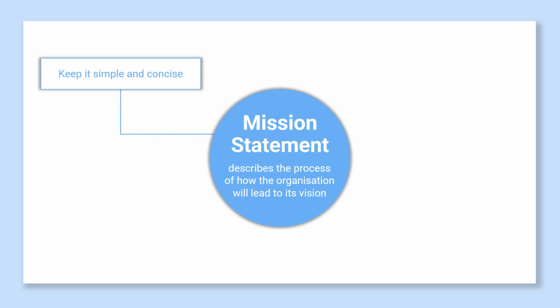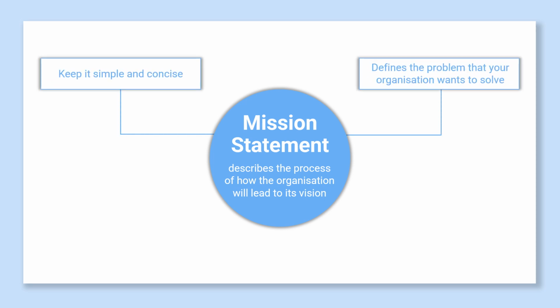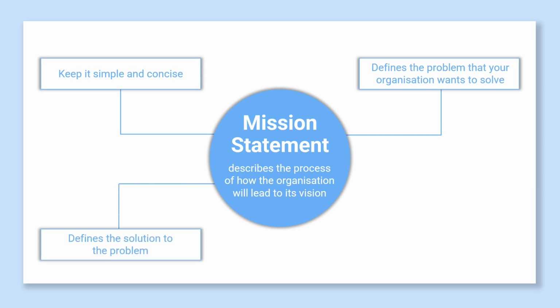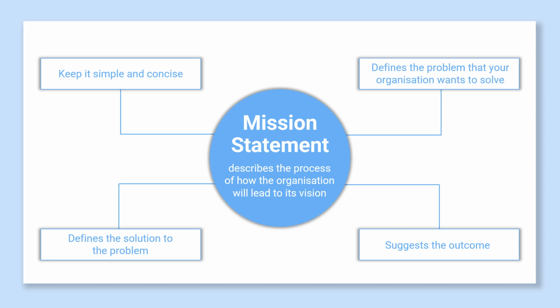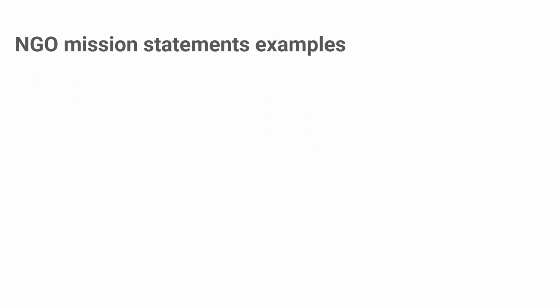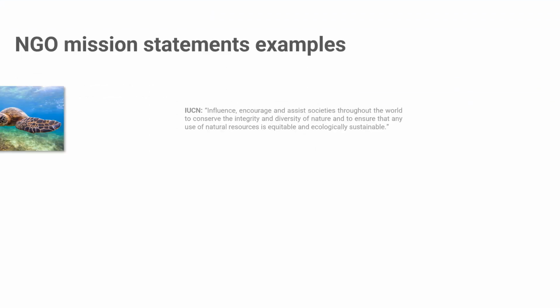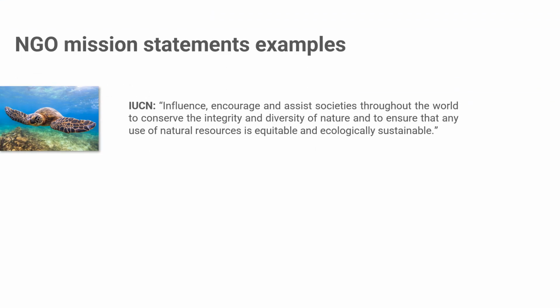As a guideline for drafting a mission statement, you can consider to keep it simple and concise. Define the problem that your organization wants to solve. Define the solution to the problem. And suggest the outcome, the long-term changes that your organization would bring. Here are the mission statements of the NGOs exemplified before.